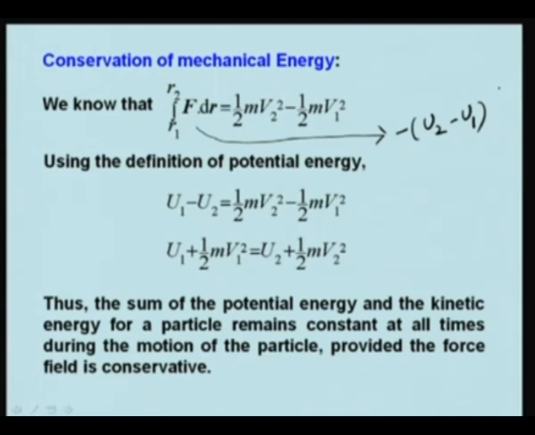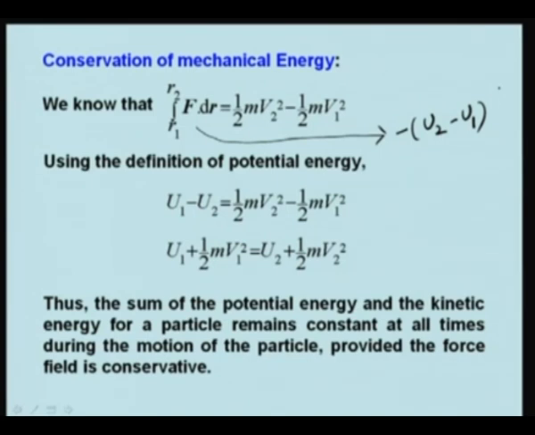If you drop one object from the 6th floor of a building, it will reach the ground floor. If there was a pit at the ground, then the particle would have gone into the pit. If the pit was even deeper, it would have gone even deeper. So it is like that. The force field tries to minimize the potential energy.